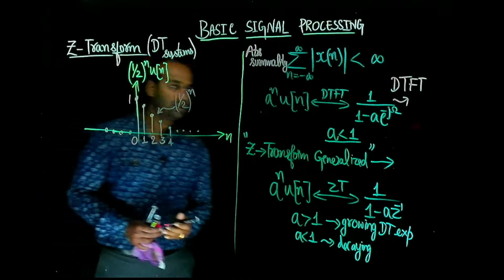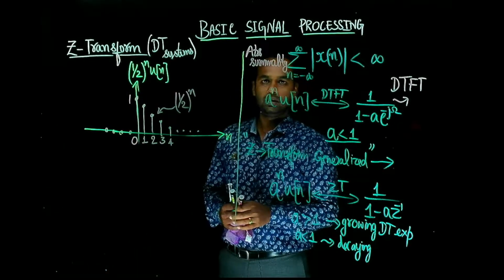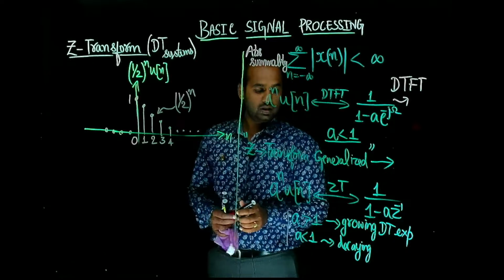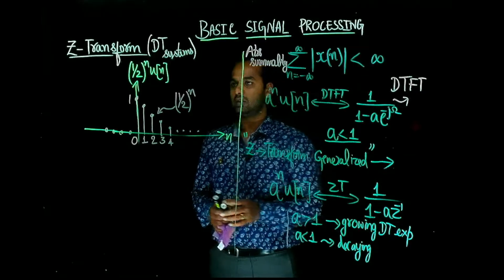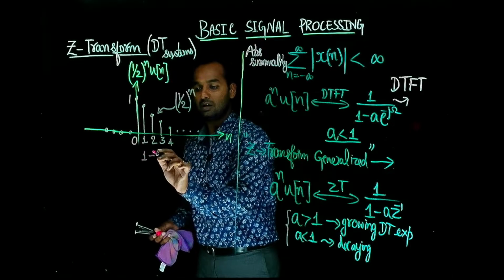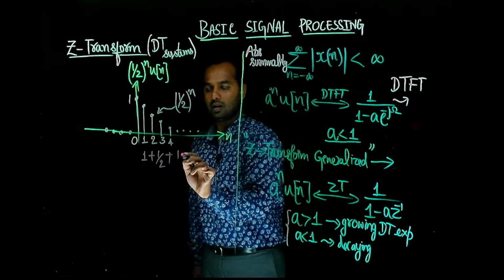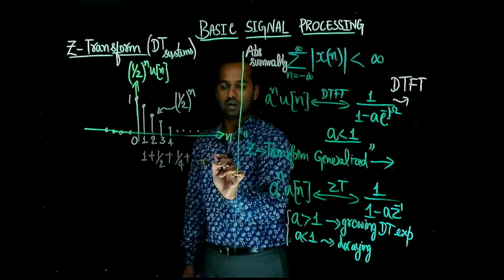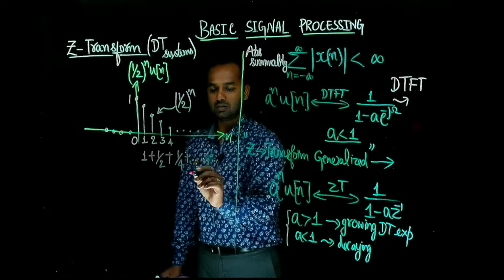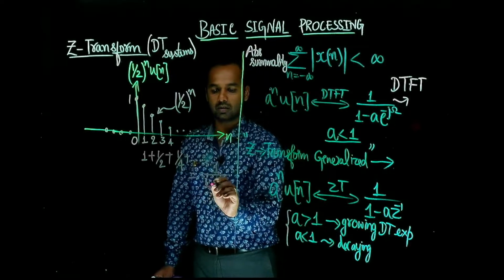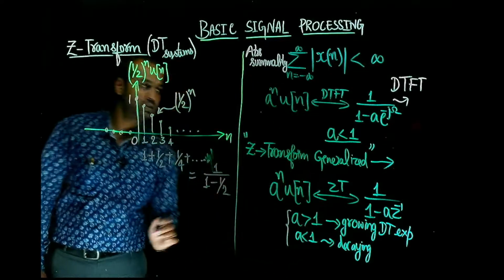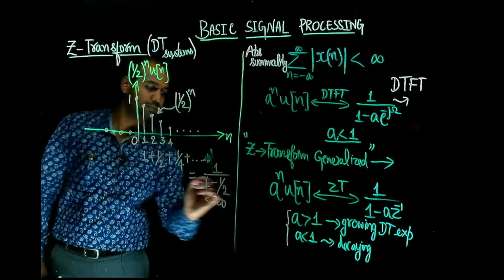Only if the sequence is absolutely summable does DTFT exist, whereas Z transform exists even for sequences which are not absolutely summable. If you add up the sample values, 1, plus half, plus 1 by 4, this goes on up to infinity. It is a geometric series. The sum of this geometric series will be first term divided by 1 minus common ratio, which is half, which is definitely lesser than infinity.